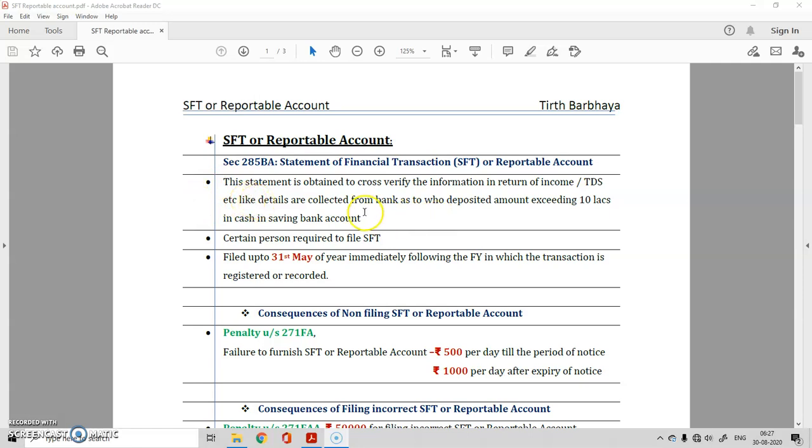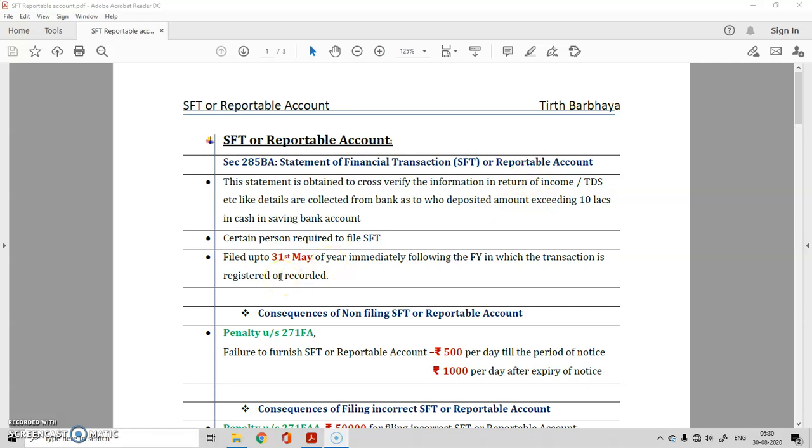For example, अगर किसी पर्सन ने अपने सेविंग बैंक अकाउंट में 10 लाख से ज़्यादा कैश डिपॉजिट किया हुआ है तो बैंक को SFT और रिपोर्टेबल अकाउंट फाइल करना रहता है इनकम टैक्स अथॉरिटी को, एंड सच इनकम टैक्स अथॉरिटी will cross-verify the information that is submitted by the assessee in the income tax return or TDS form.